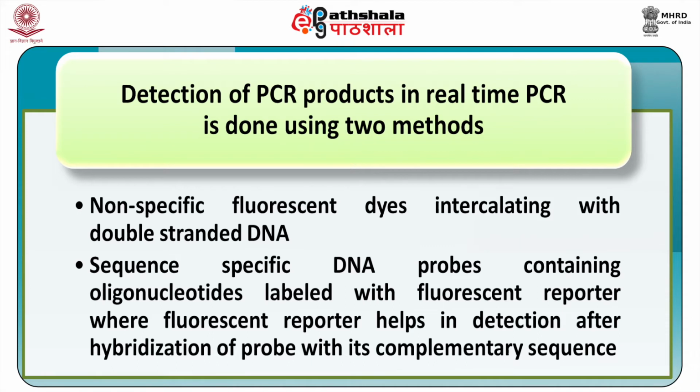Detection of PCR products in real-time PCR is done using two methods. First, non-specific fluorescent dyes intercalating with double-stranded DNA. Second, sequence-specific DNA probes containing oligonucleotides labeled with a fluorescent reporter. The fluorescent reporter helps in detection after hybridization of the probe with its complementary sequence.